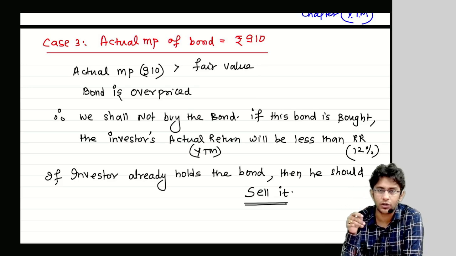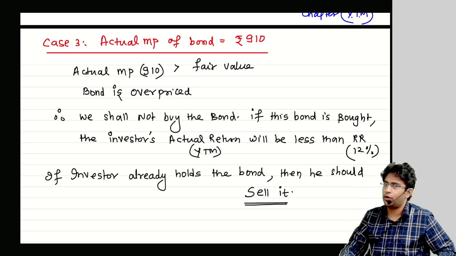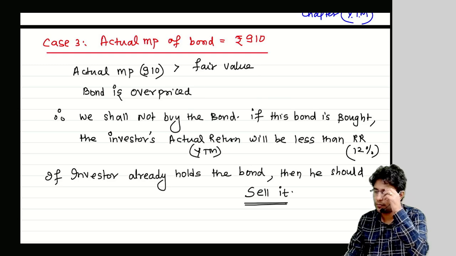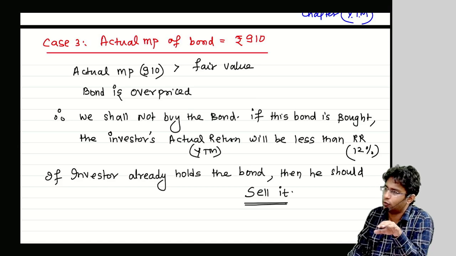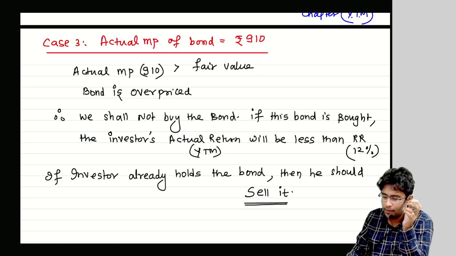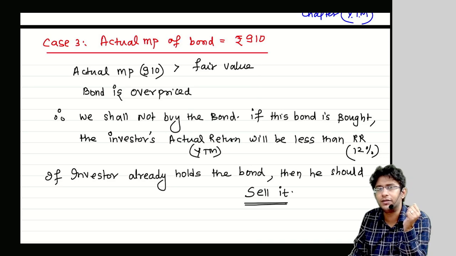Suppose, sir, you are the owner of a bond. You did not buy now, you already bought. Today the bond's worth is only 892 rupees, 891.83. But for some reason, the market price is 910.